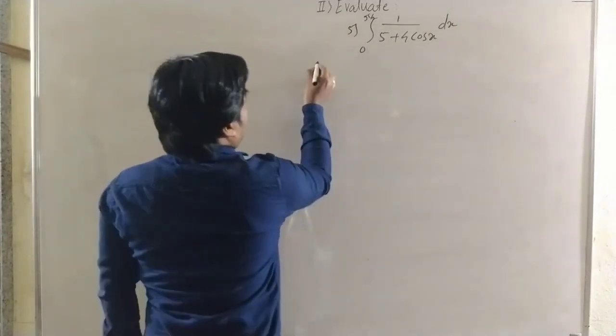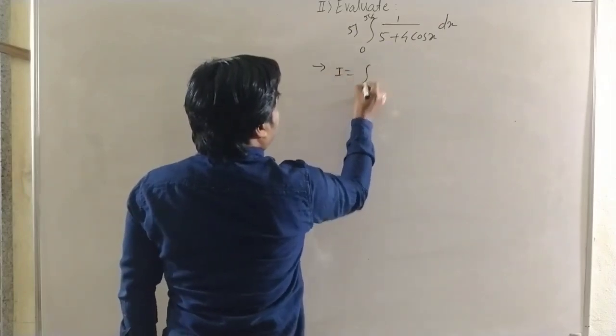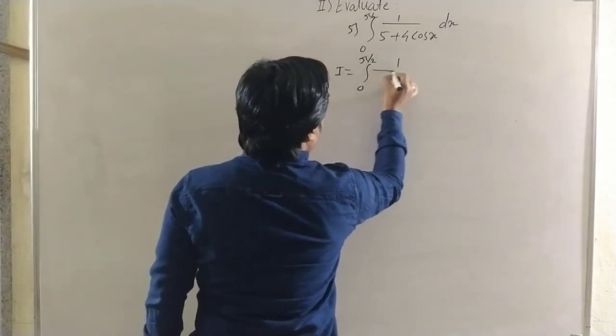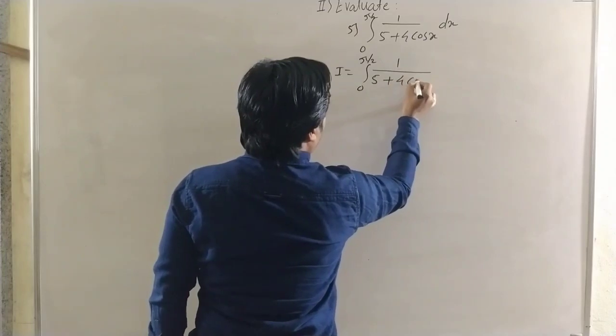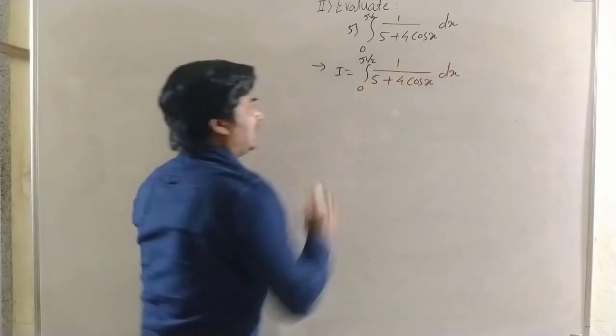Now here see carefully, integral 0 to pi by 2, 1 upon 5 plus 4 cos x dx. Now how to solve this integral?